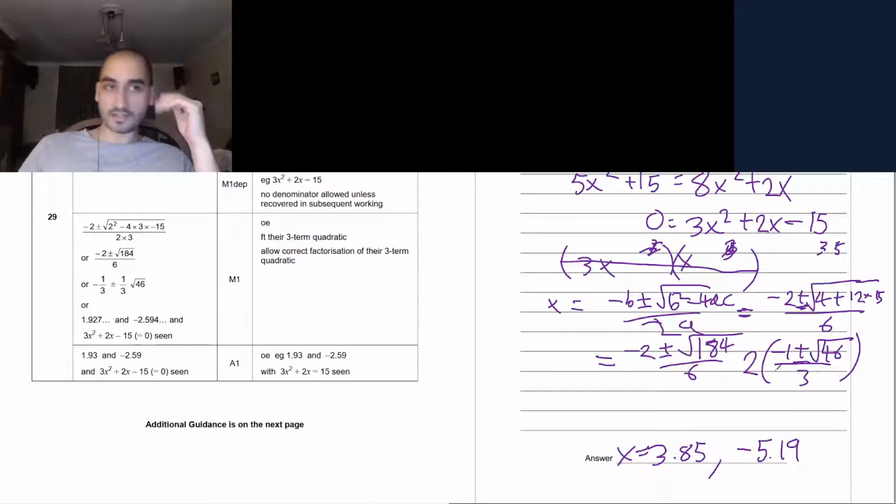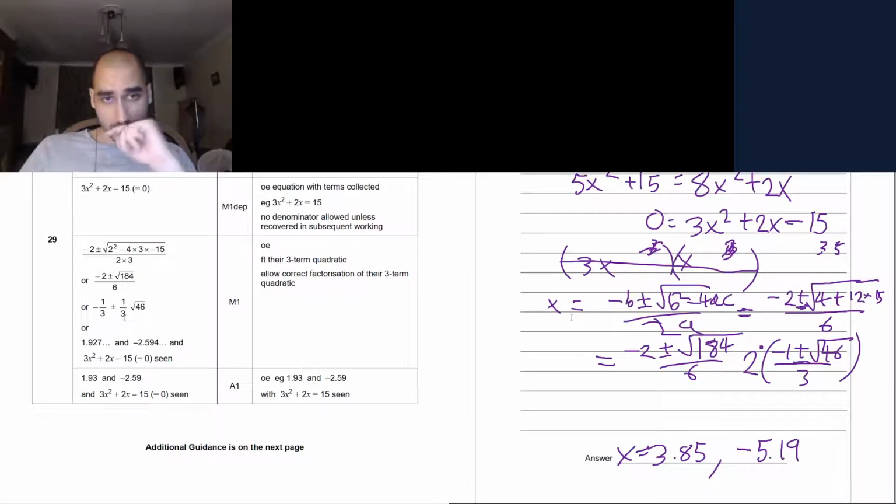Oh, there's my mistake. I had a 2 here, which was supposed to cancel with the 2 from the 6, so that 2 should have disappeared altogether. It shouldn't be there. So basically I had an extra 2. But aside from that, I had minus 1 plus or minus root 46 over 3.